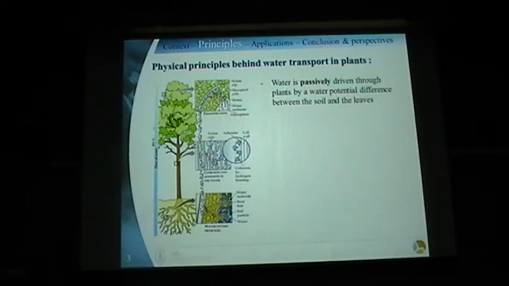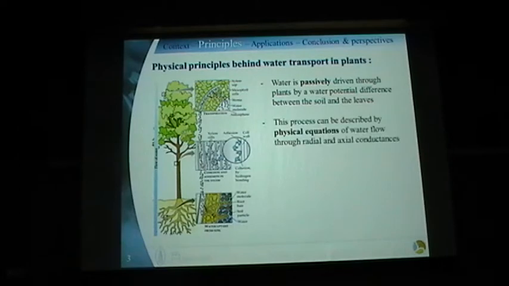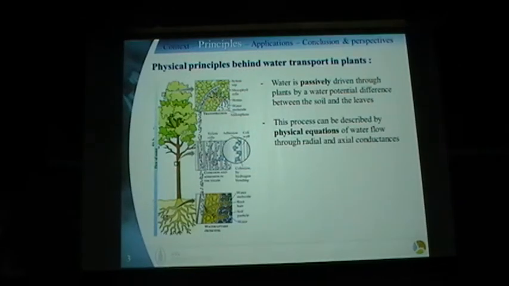And so physics tells that actually water moves passively through that system and is driven by water potential difference between the soil and the atmosphere. And because this movement is passive, it's really easy to describe it with physical equations of water flow through radial resistances here for the entrance of water from the soil to the root, and also axial conductances in the xylem vessels of the plant.